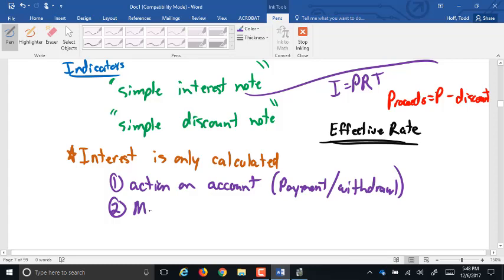Maturity. Very good. They will never have any sort of compounding period stated.